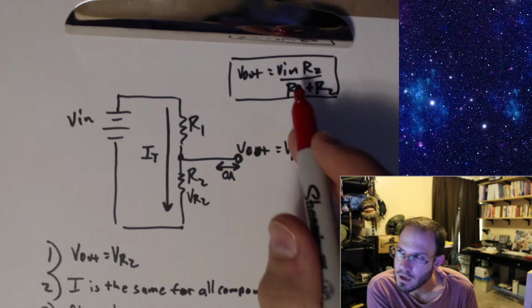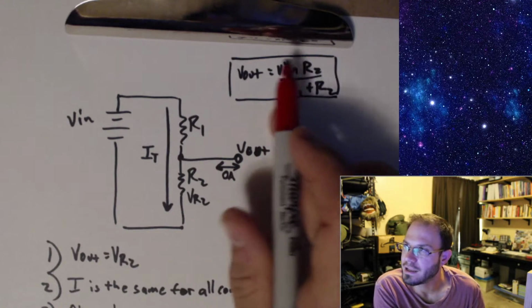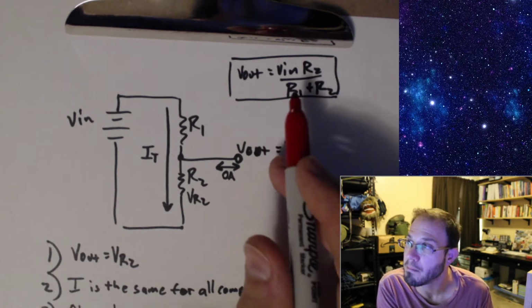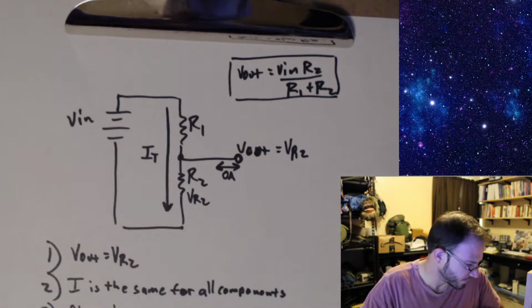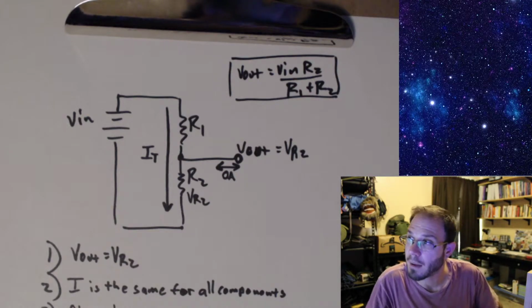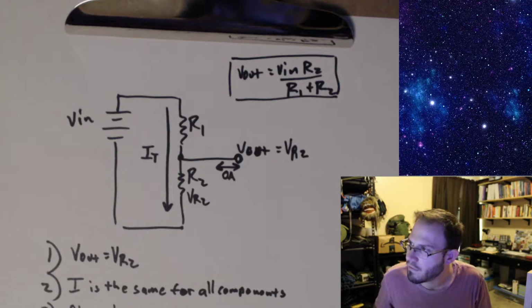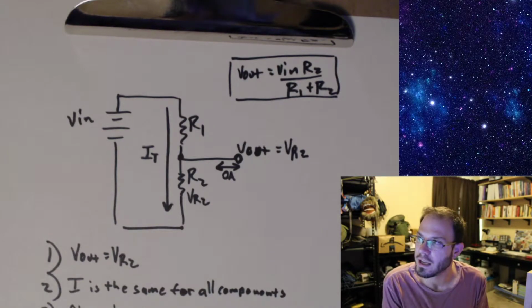Just our basic rules were enough to derive this equation, and this equation is useful enough to merit remembering it for the rest of your lives. This is something that just pops up so often. So there's a very useful application of a very simple series circuit that we use all the time.